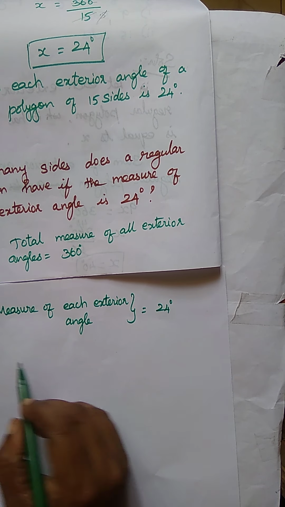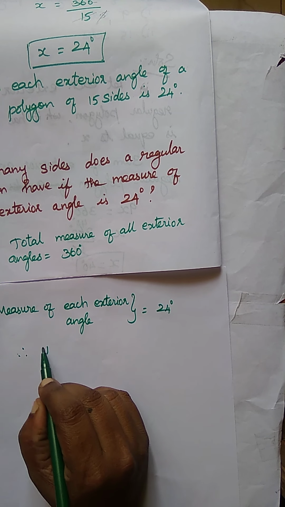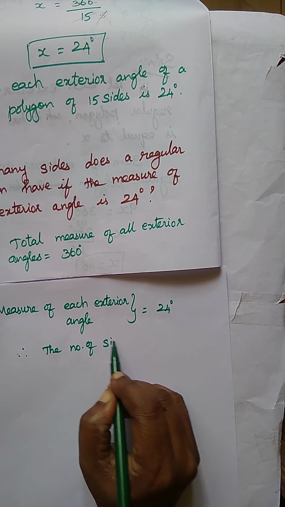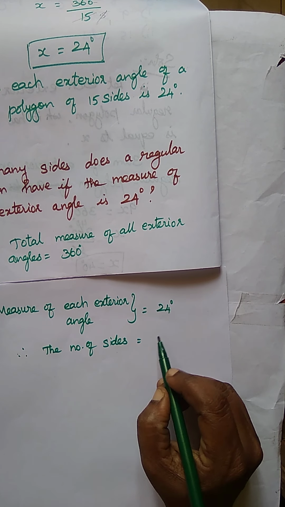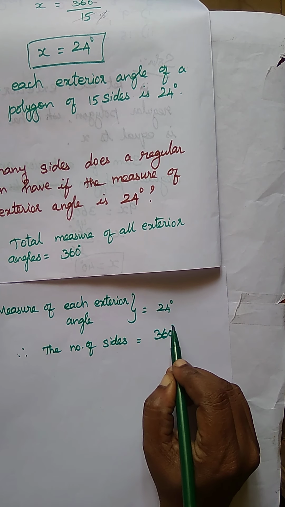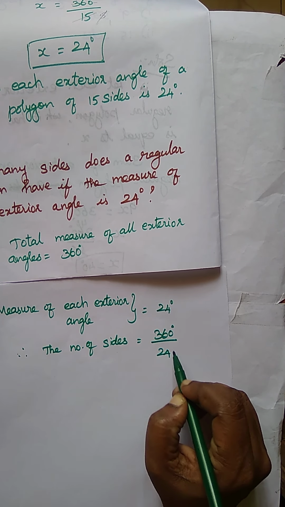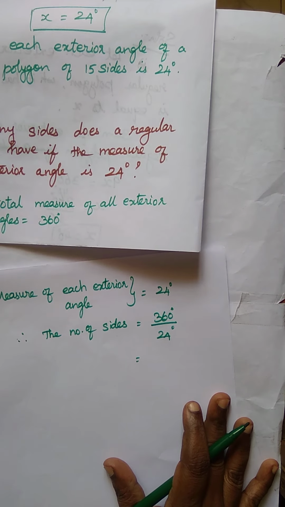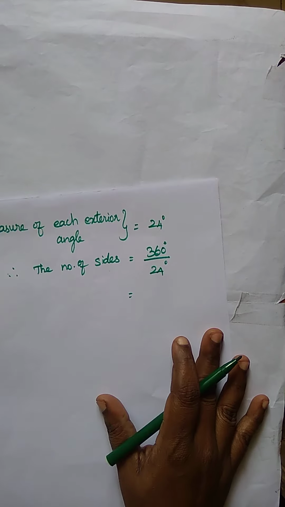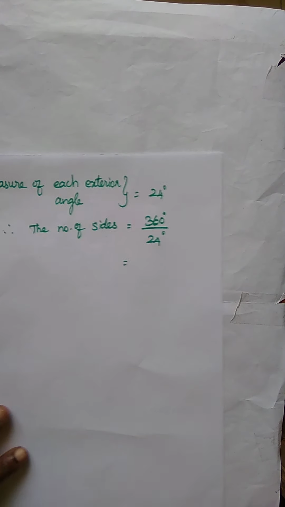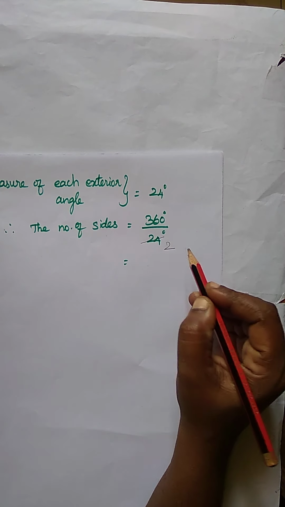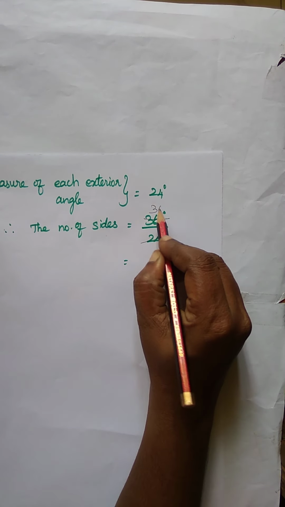Okay. Therefore, we want to find the number of sides. Number of sides is equal to the total angle divided by the given angle. 360 degree divided by 24 degree. Okay, so what is 360 divided by 24? You all know 12 table. 12 table cancel. 1 12 is 12, 2 12s are 24, 3 12s are 36, 30.